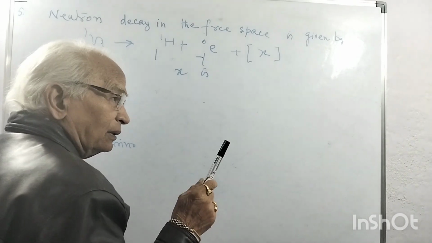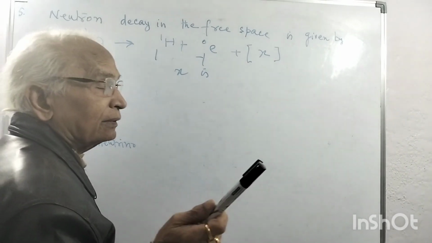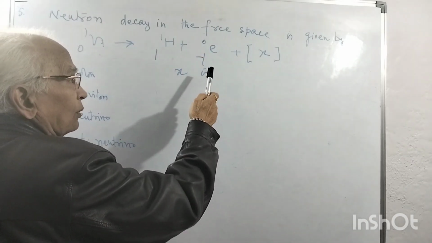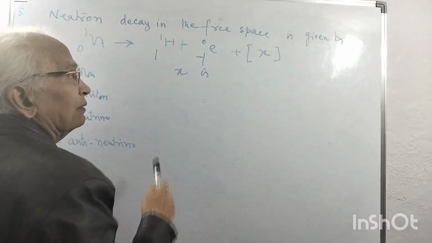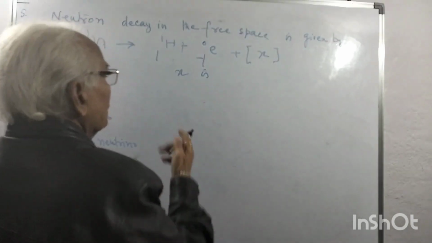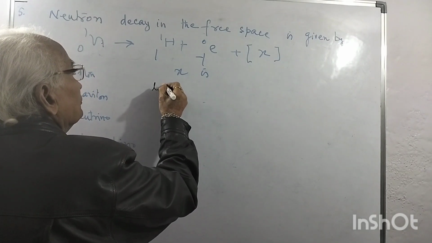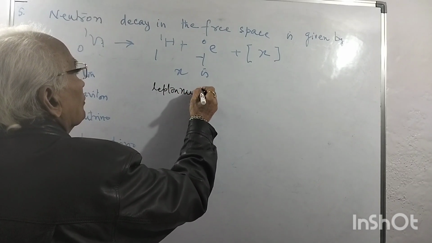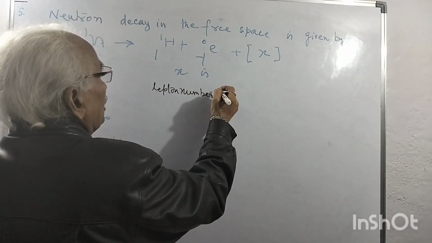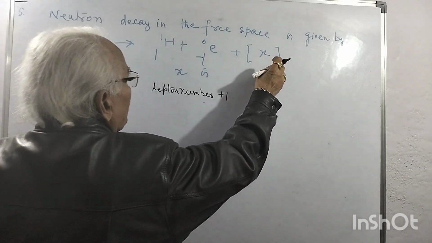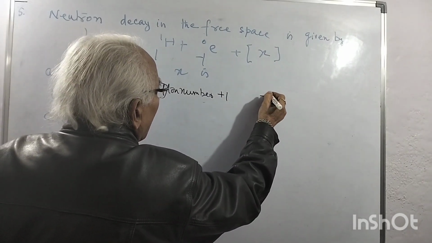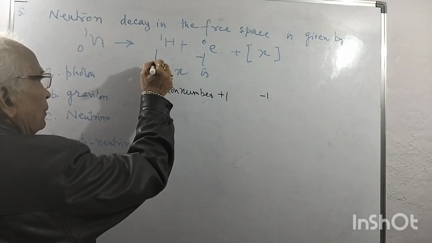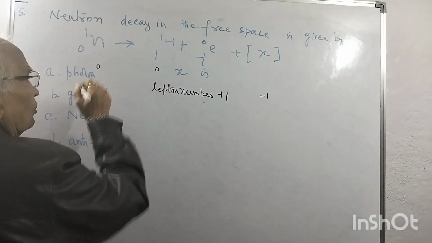This is a nucleon, so the lepton number here is 0. Lepton number is +1 for a lepton and -1 for an antilepton. The electron is a lepton, so its lepton number is +1. Conservation of lepton number: here the lepton number is +1, so the other should be a particle with lepton number -1, so that the total is 0, because the lepton number here is 0 and here is 0.